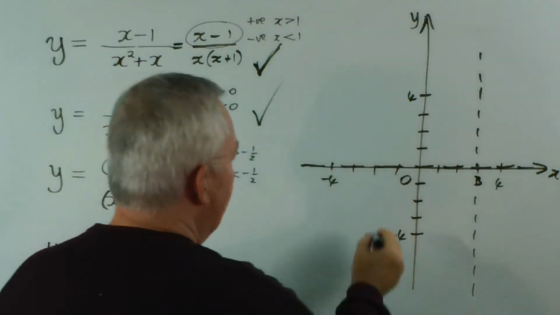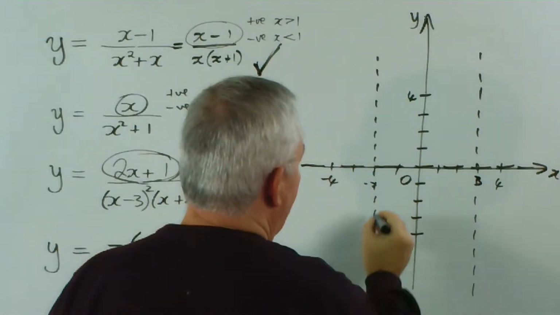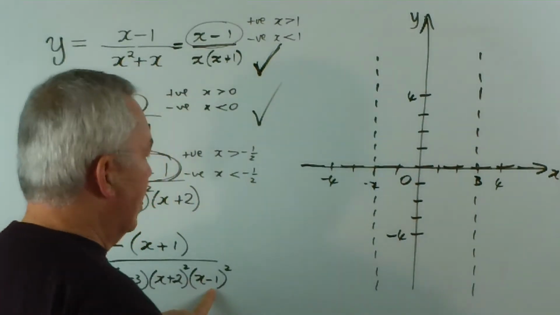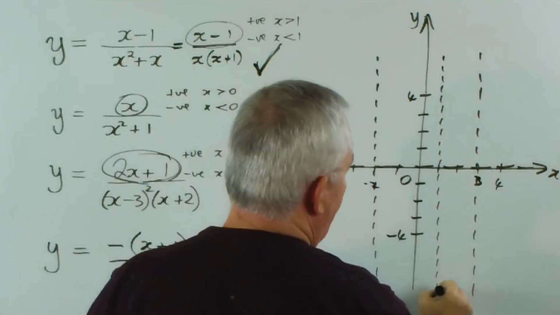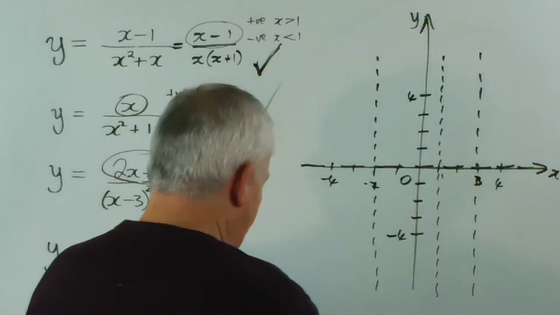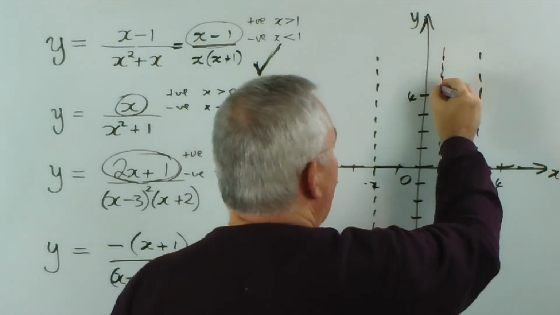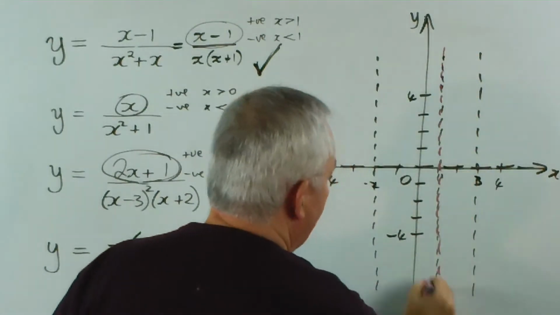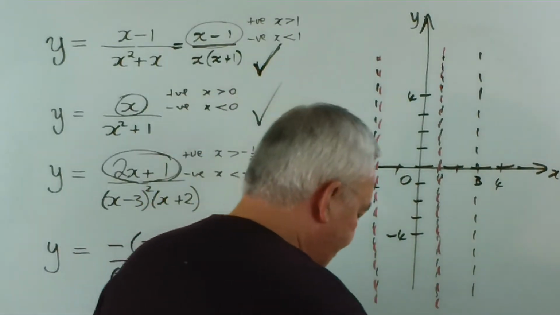At -2, that's a double. And at +1, and that's a double as well. So I'm going to highlight the doubles with red. There we go.